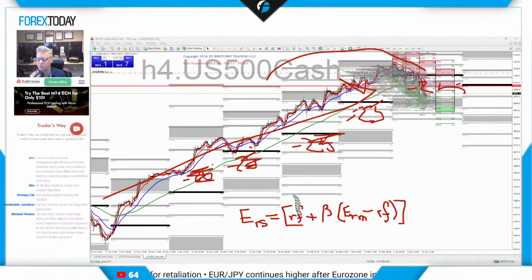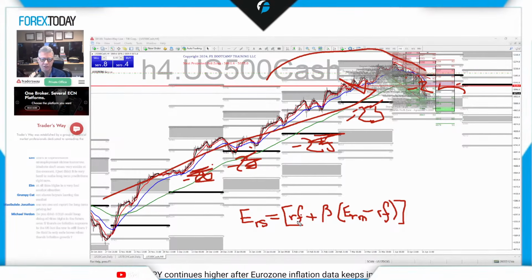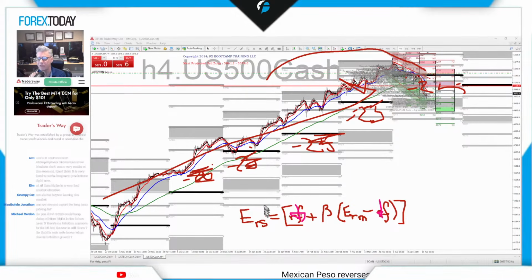You could substitute the Fed funds rate, or very often the yield on the 10-year T-note, but they're related. So when the Fed cuts, the yield on the 10-year falls too. So as this RF number falls, by simple mathematics, the value of a stock rises.